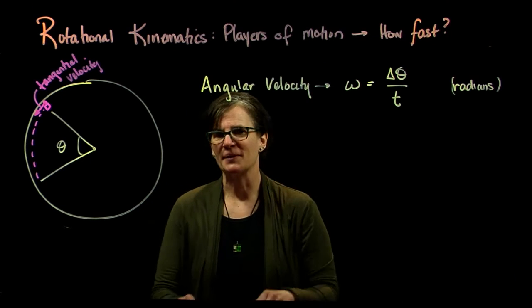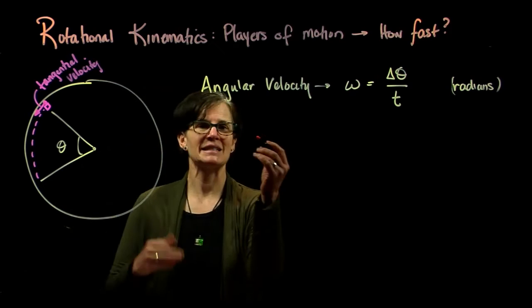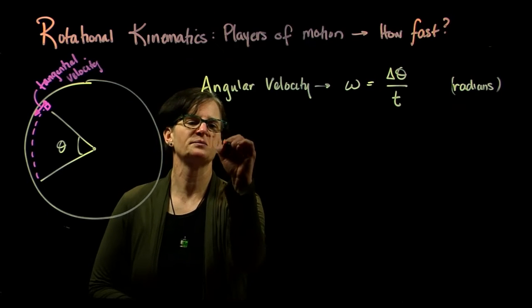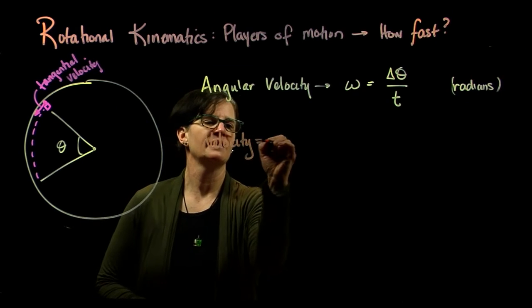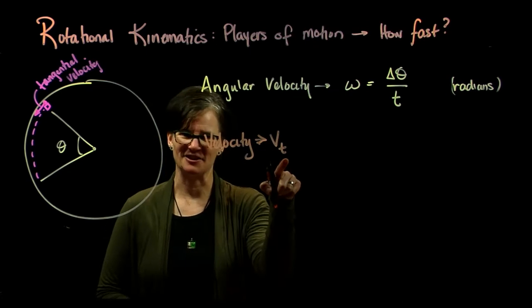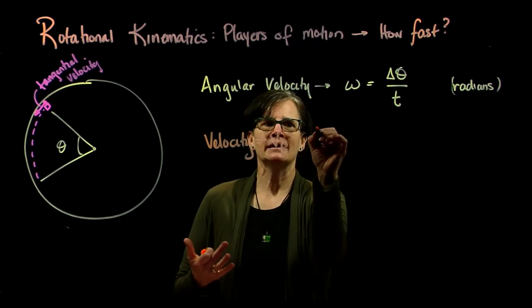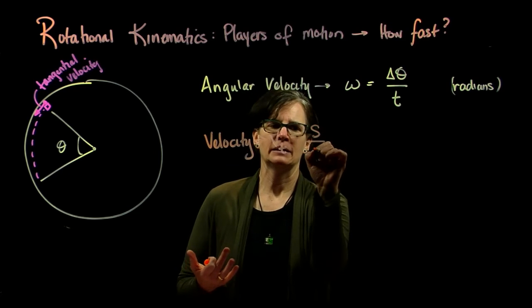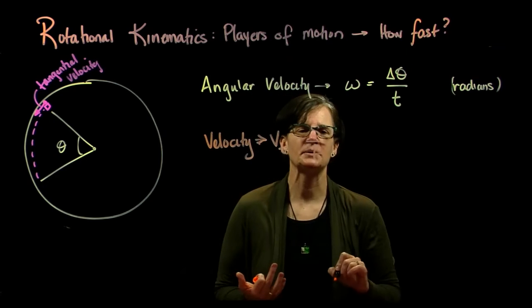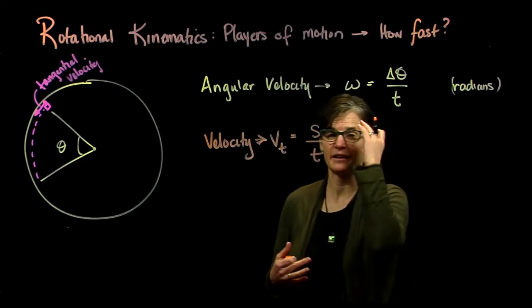Now remember, we know the distance that it's going to travel. We're going to talk about this as a tangential velocity, so the tangential velocity is going to be equal to the arc length per time. Imagine this is going at a constant velocity for the sake of our introduction.